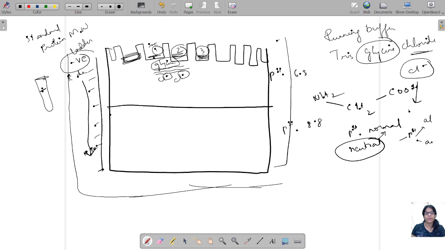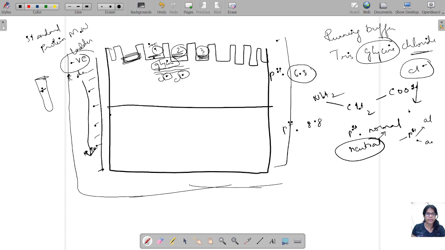In the stacking gel the pH is 6.8, almost neutral, so glycine doesn't have that charge and moves slower than chloride ions.